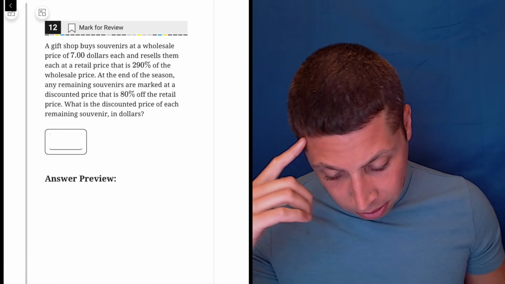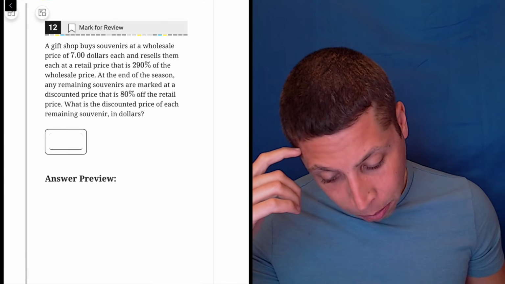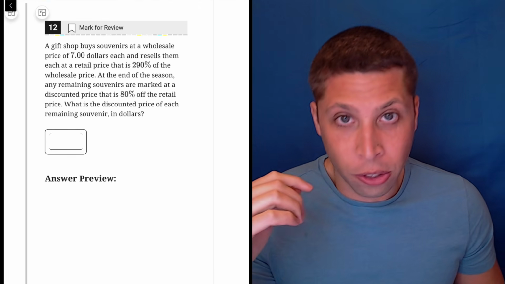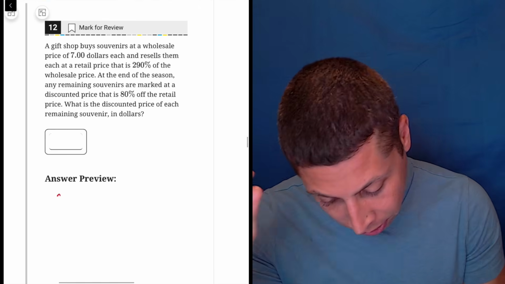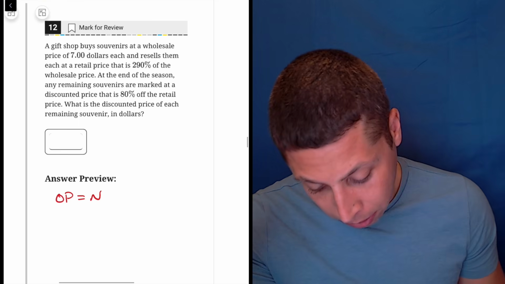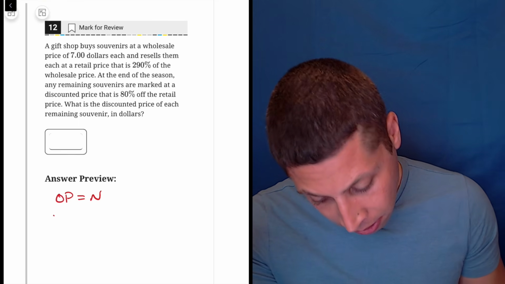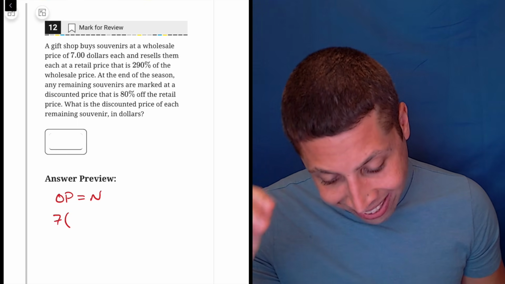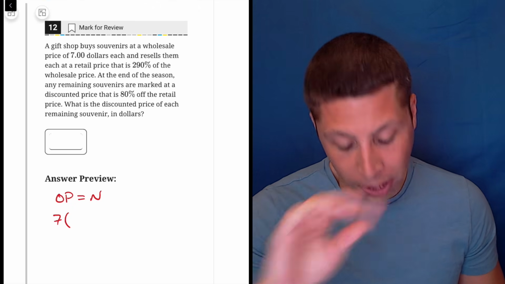So can I just do this here? So retail price that is of, okay. That is 80% off, okay. This is two different formulas. So the first one is the standard formula. The original price is $7, and it resells them at a retail price that is 290% of the wholesale price. There's no percent increase.